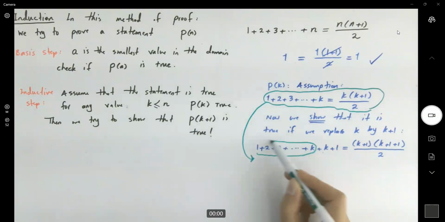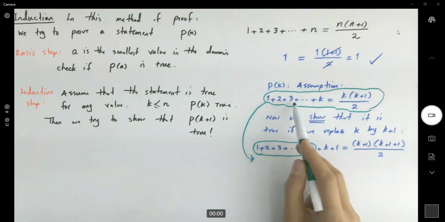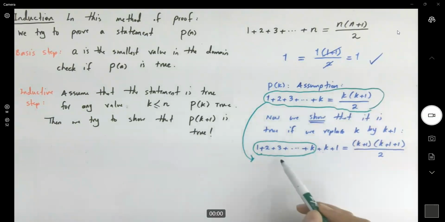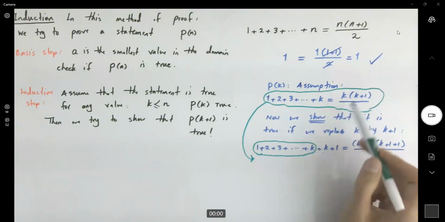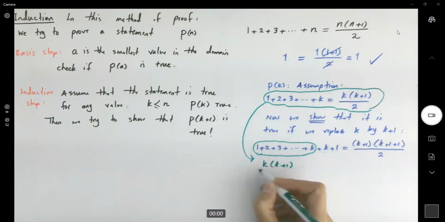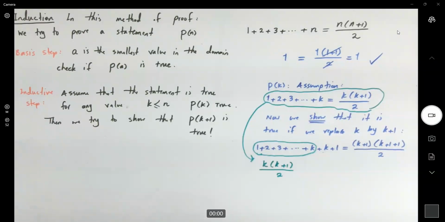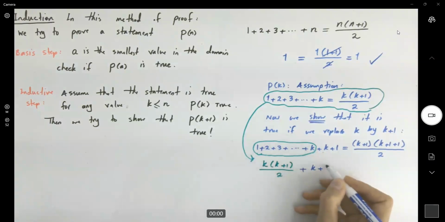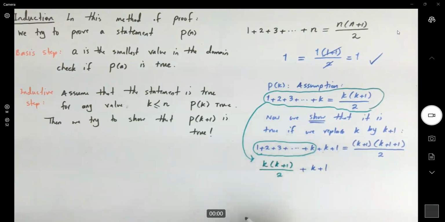Use the formula that you already have. Okay, let's see. So I get k times k plus 1 divided by 2 plus k plus 1. Now take common denominator.